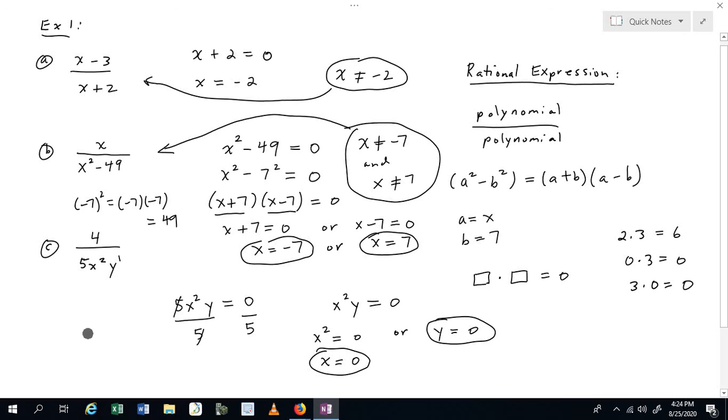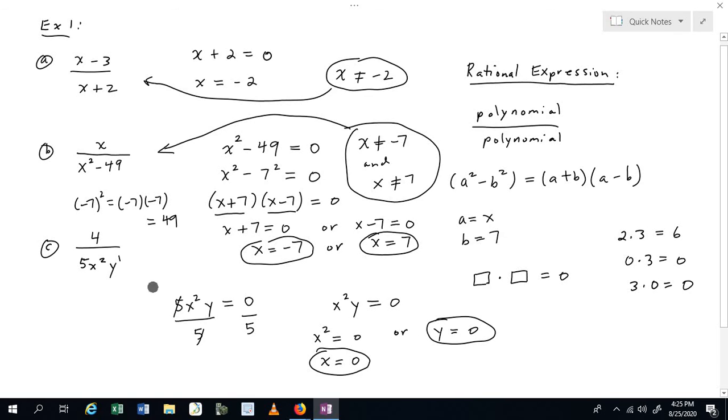Okay, and you can check that. If I plug a 0 into here for x, 5 times 0 squared times some other number y, whatever it is, that's going to be 0, right? If I multiply any number by 0, it's 0. And the same thing is true if y is 0. If y is 0, then 5 times any number squared times 0 is going to be 0.